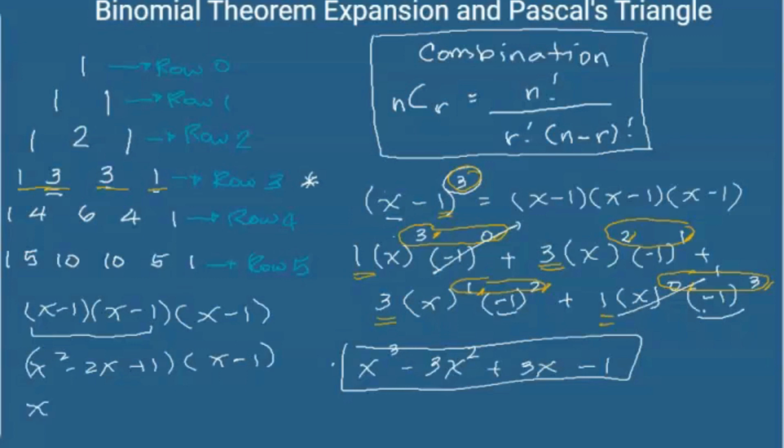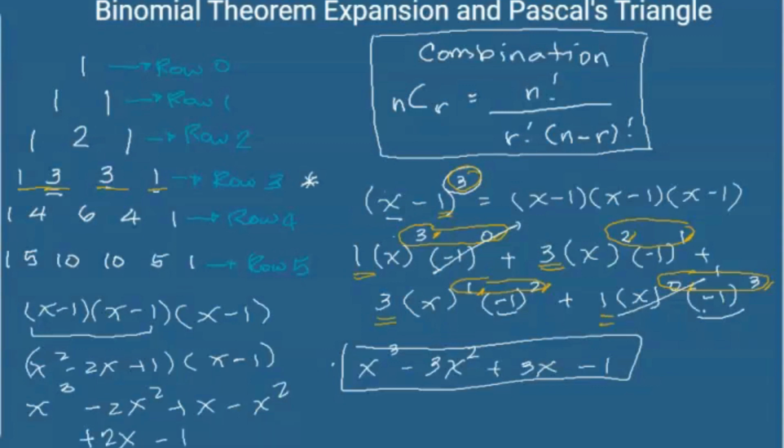So this would be x cubed minus 2x squared plus x, minus x squared plus 2x minus 1.